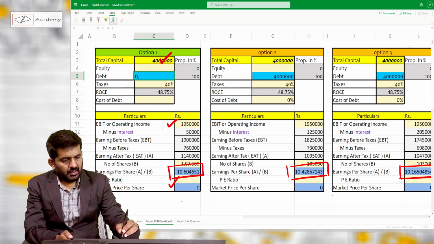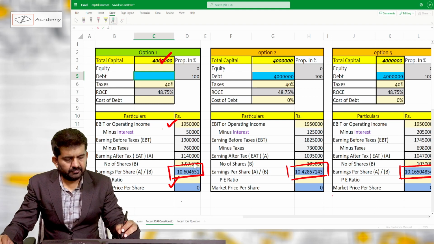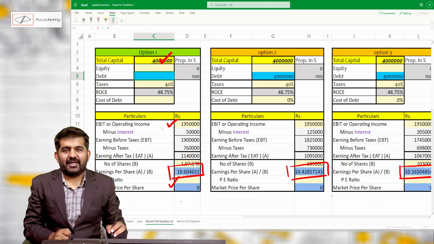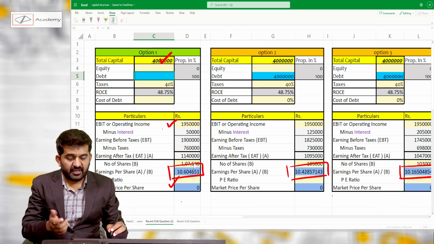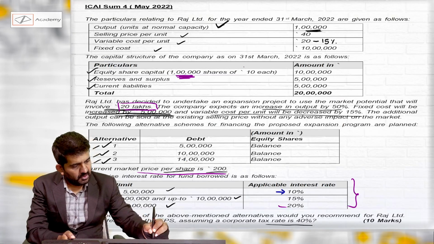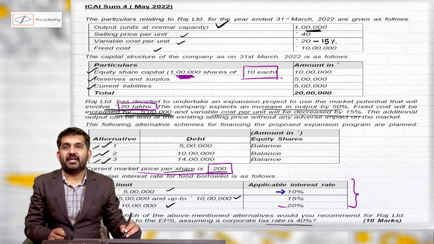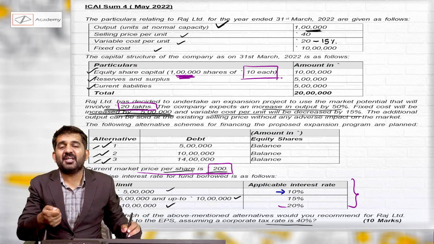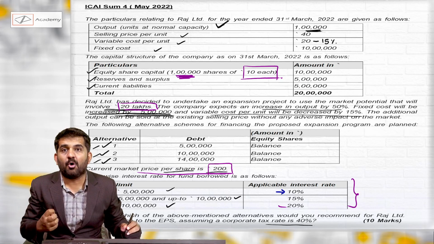ROCE in this case is 40%. But understand, equity is running at a premium of 190 rupees. What is the face value of equity? 10 each. And at what rate it is issued? 200. So by issuing one equity share instead of 10 rupees, 200 rupees will be borrowed.